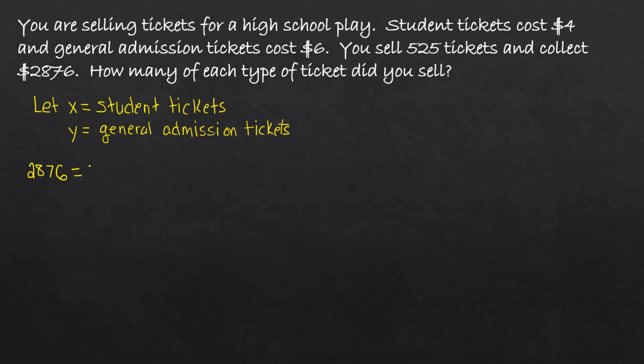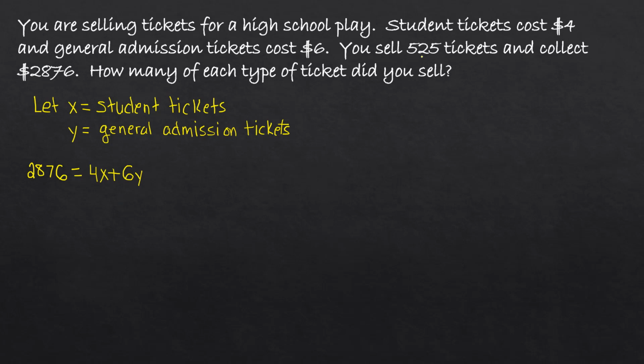So if student tickets cost $4 for one, I'm going to multiply that by however many student tickets I've purchased. Again, that is X. I'm going to also figure out how much money I collected from general admission tickets. So general admission costs $6 a piece times however many general admission tickets were sold. And again, to get a total, that is a sum. So we're going to add those together.